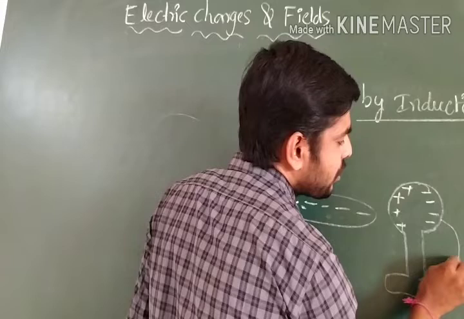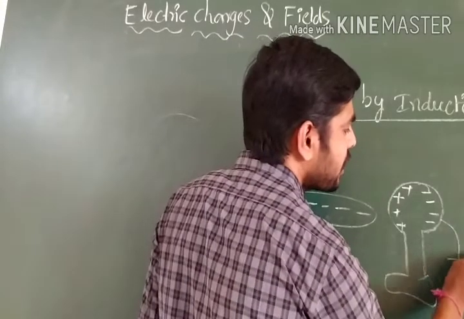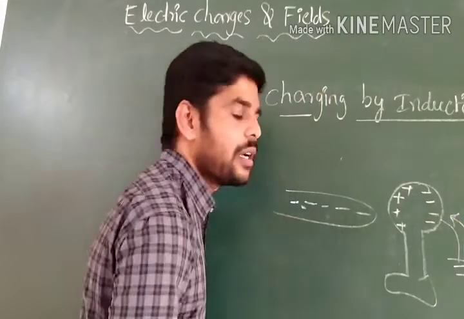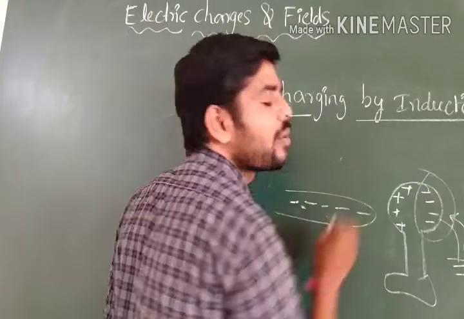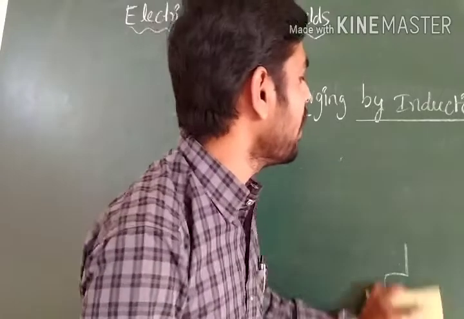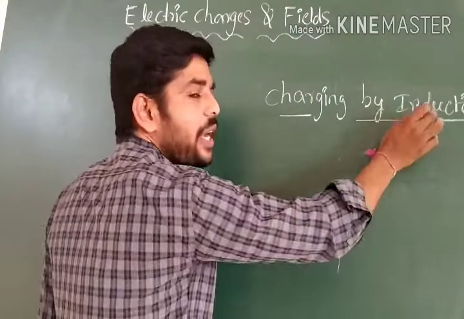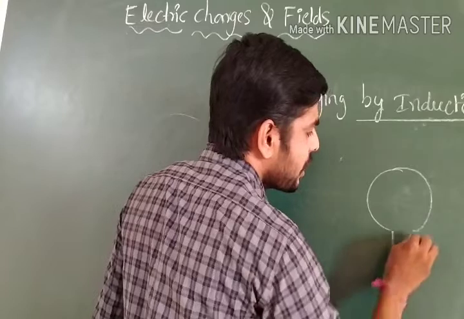Again, if you connect it to the earth, immediately the positive charge moves towards the negative side. It becomes neutral again. The final diagram of the induced sphere becomes like this.